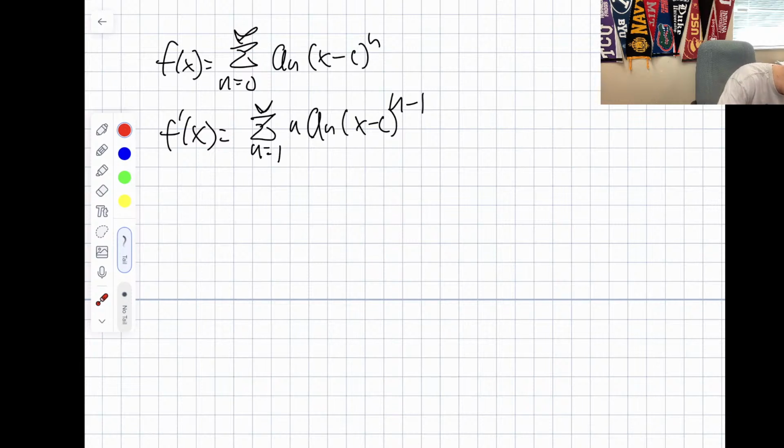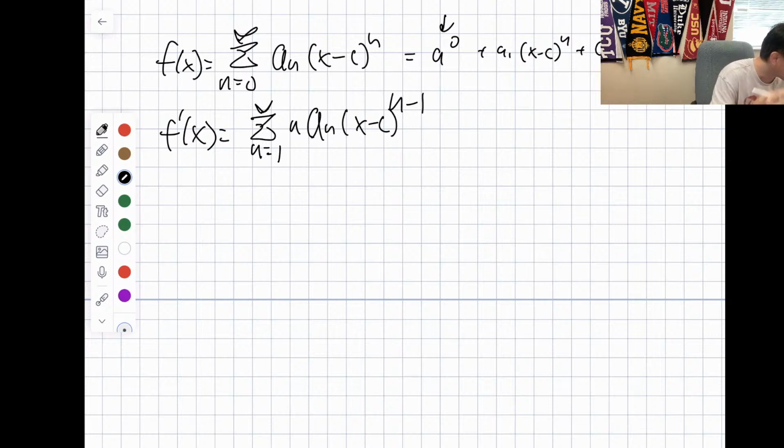Because here, if you write it out, that's a0 plus a1 times x minus c to the 1 plus a2 times x minus c to the 2. If you take a derivative, a0 is going to go away.